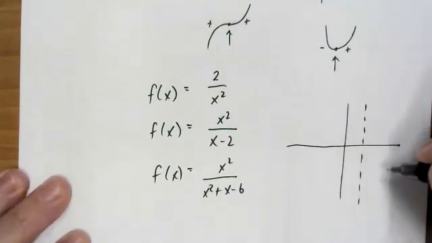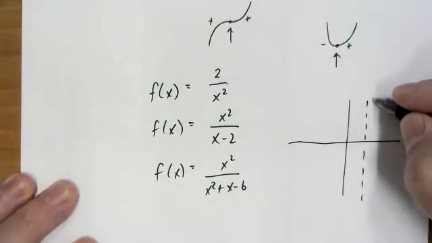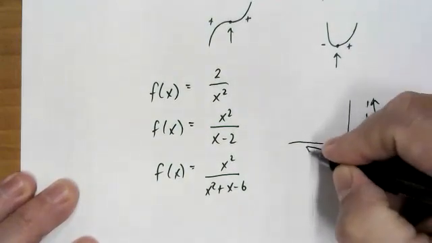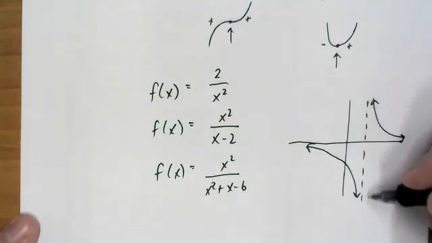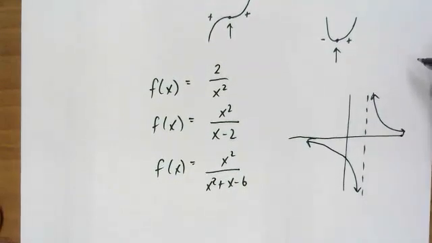So most of the time when you have a rational expression, I'm just sort of making this up, your function looks like this, where there's a break or a gap, this vertical asymptote.